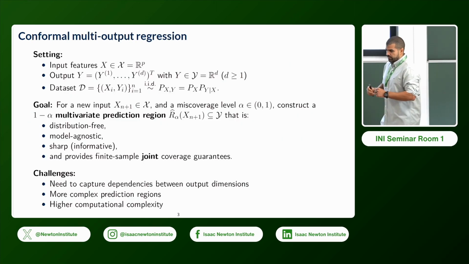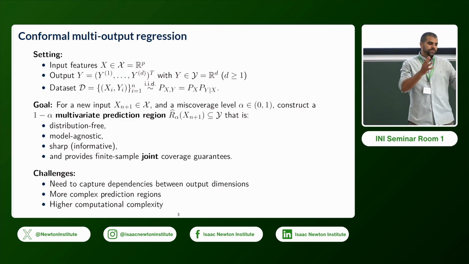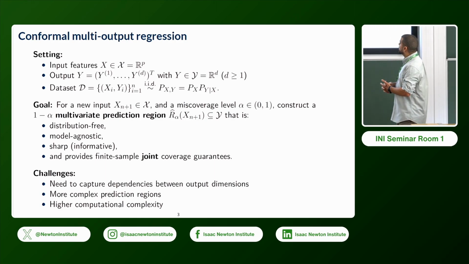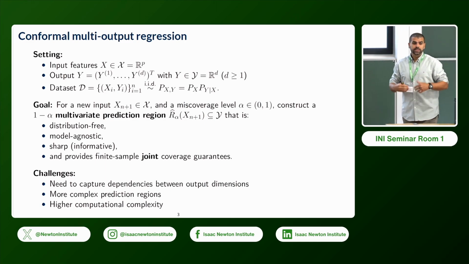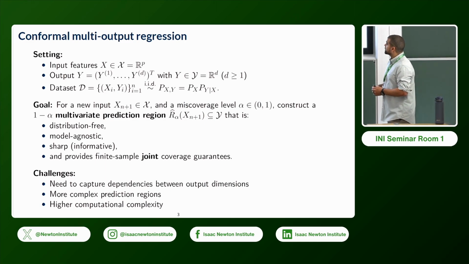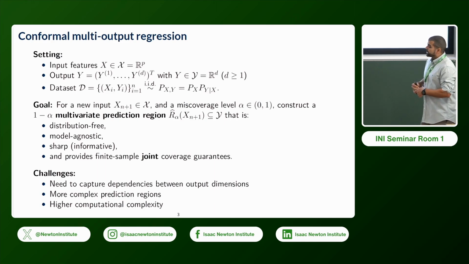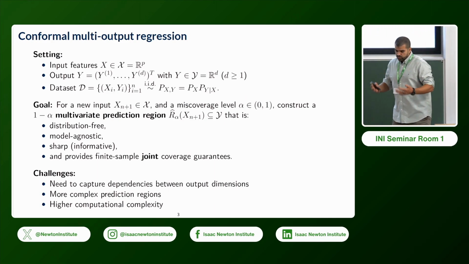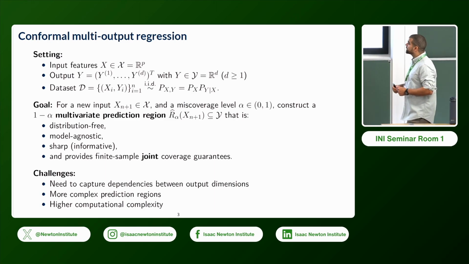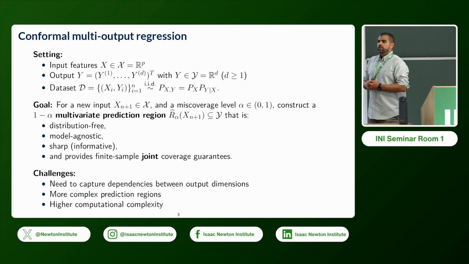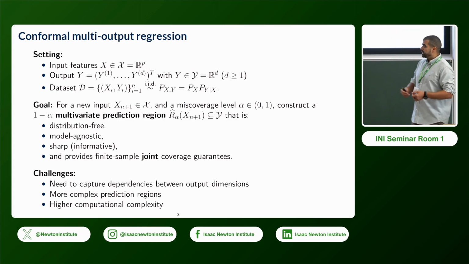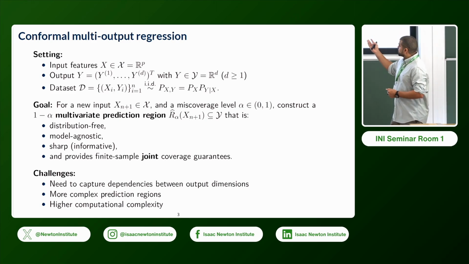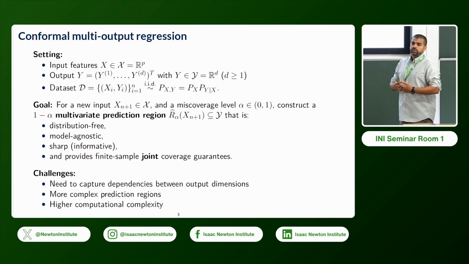All right, so in our setting, both the input and the output are multidimensional. Input has dimension P, the output has dimension D. We have a data set of n points, sampled IID from D. And our goal is to predict or to generate a joint prediction region for that output Y with the classical conformal prediction properties: distribution free, model agnostic, and also the finite sample coverage.